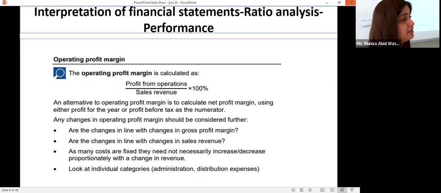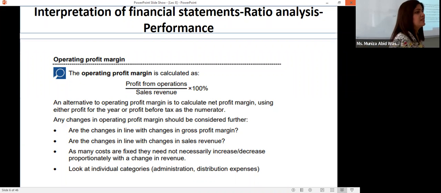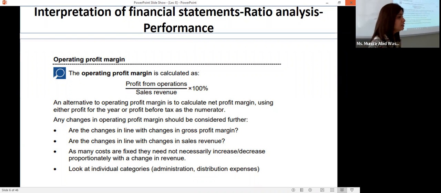So what are the results? The same, one. It means that if the proportion of the profit from operations is the same as the increase or decrease in the sales revenue, your results are going to remain constant with no increase or decrease. And your profit from operations should have to increase at a higher pace, at a higher proportion, as compared to the increase in the sales revenue if you want to see the increase in your operating profit margin over the passage of time.